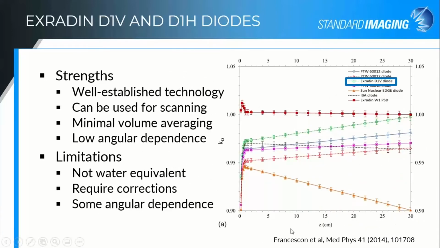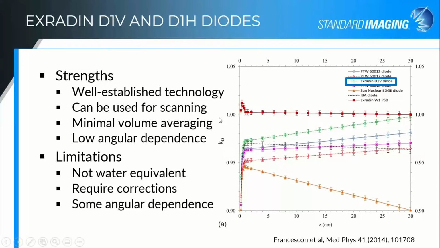Another publication, which was in one of my earlier slides, is from Paulo Francescon, but shows the D1V here in the green plot. I will point out that the scintillator here is the red one for the whole time.